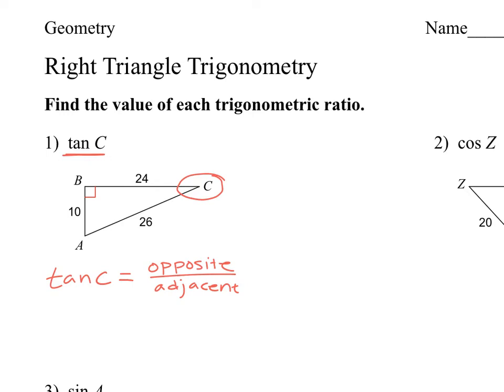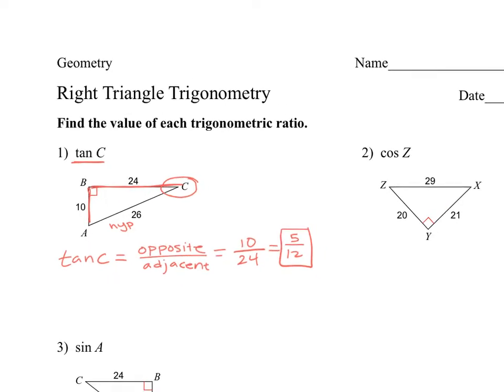Opposite my reference angle C is this side right here, which has length 10. Then I know that this side here is my hypotenuse, so that makes my adjacent side this side right here, which is 24. So my tangent of C is going to be 10 over 24, which we can reduce to 5 over 12. And so that is my ratio, tangent of C.